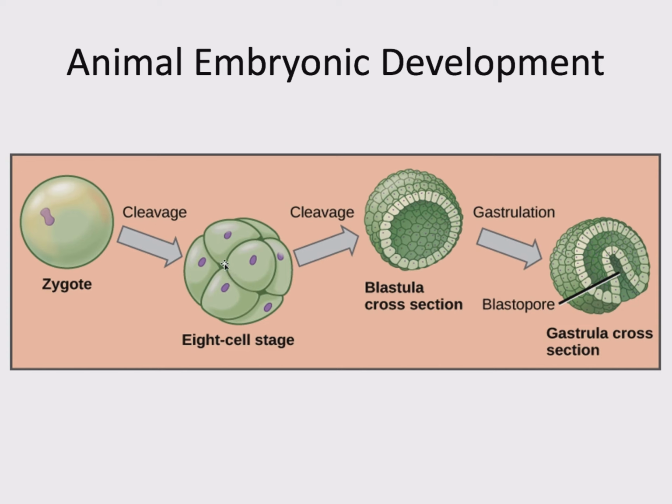From there, the cells are going to grow in size and do more divisions, going further on to the 16 to 32 cell stage. This is called a blastula. The blastula can be hollow or filled with yolk, depending on the animal you're talking about. But eventually, something is going to happen to this blastula called gastrulation.